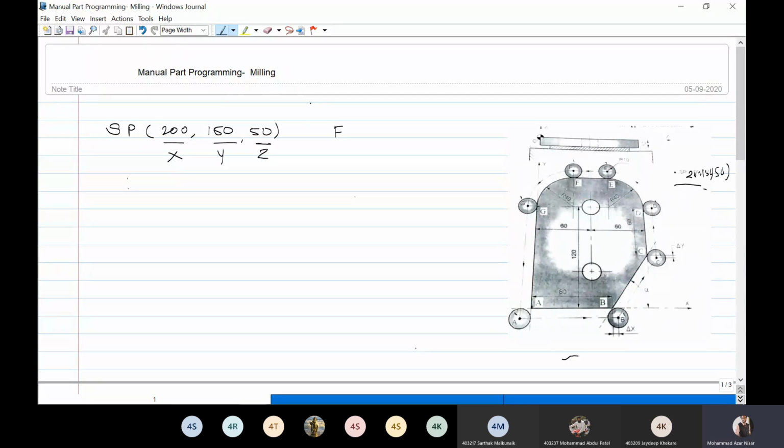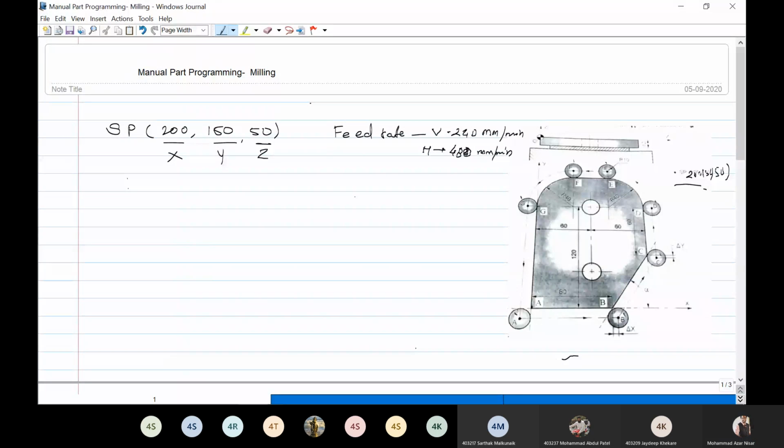And in this problem, they have given you feed rates. Two feed rates are given. One is the cutting feed rate of 240 mm per minute, and this is your V. H is 480 mm per minute.